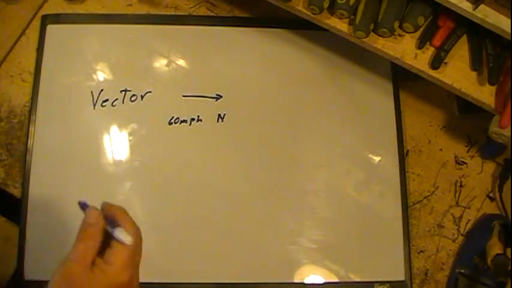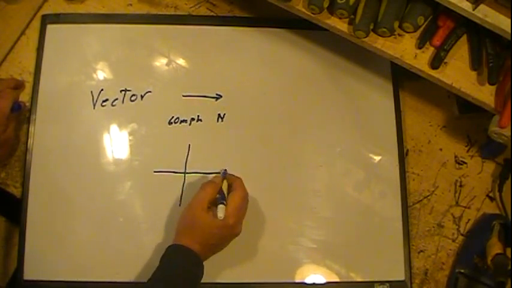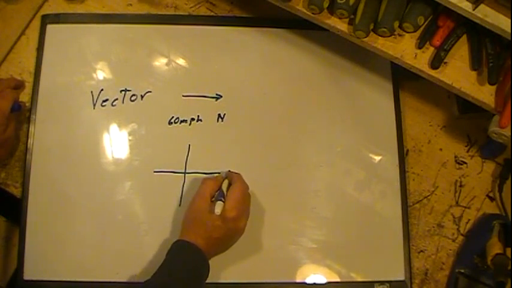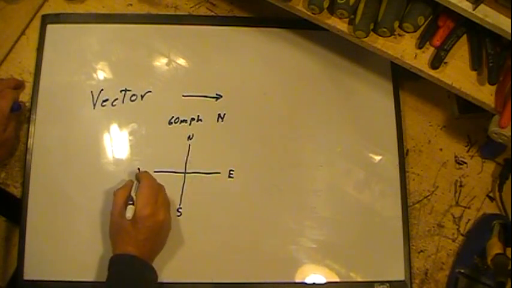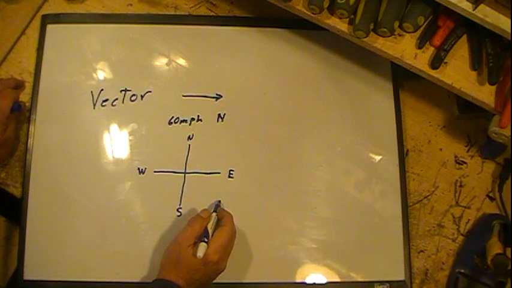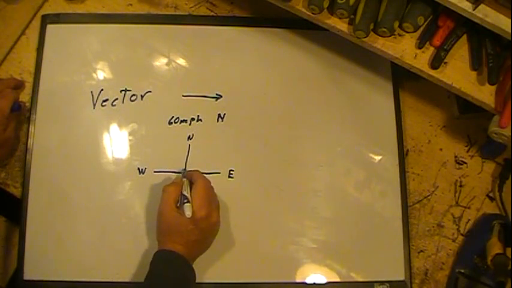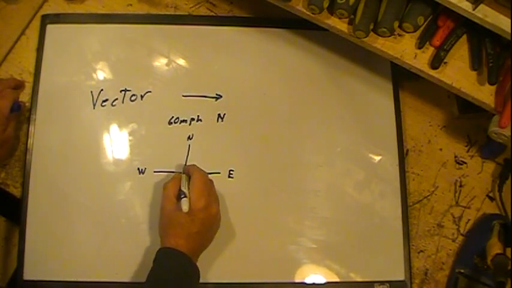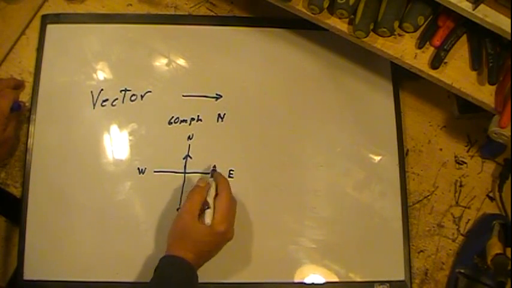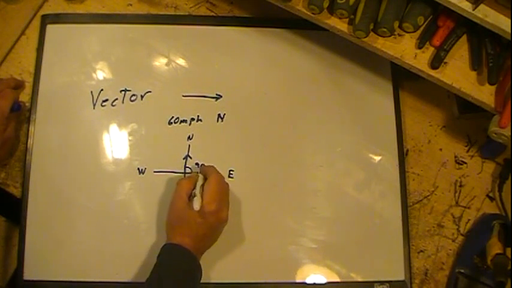Another way of emphasizing this is to graph it on a graph. In this case, this would be east, this would be north, this would be south, this would be west. And we would have our magnitude along these lines. In this case 60 miles an hour would be this vector right here, with an angle off from east of 90 degrees.